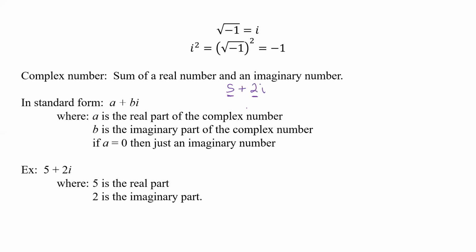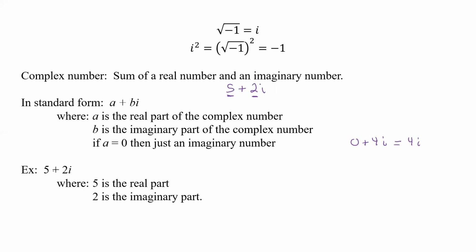Now, if a is equal to 0, then we just get the imaginary number, because we get 0 plus maybe 4i. Well, 0 + 4i just equals 4i, and so we just have the imaginary part only. That happens when a equals 0.